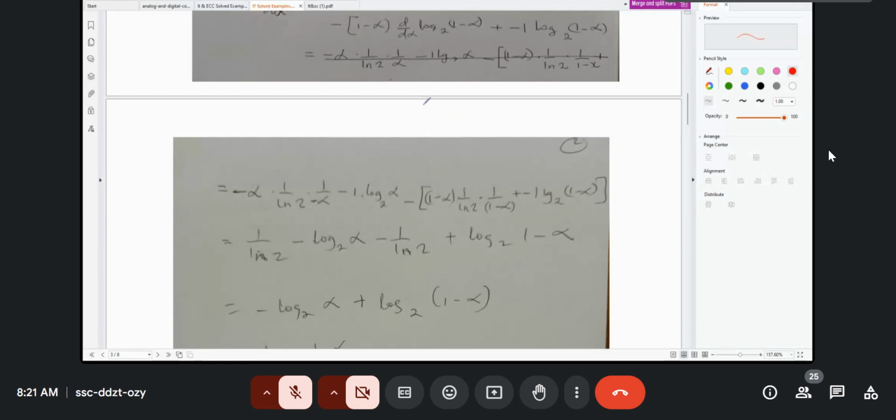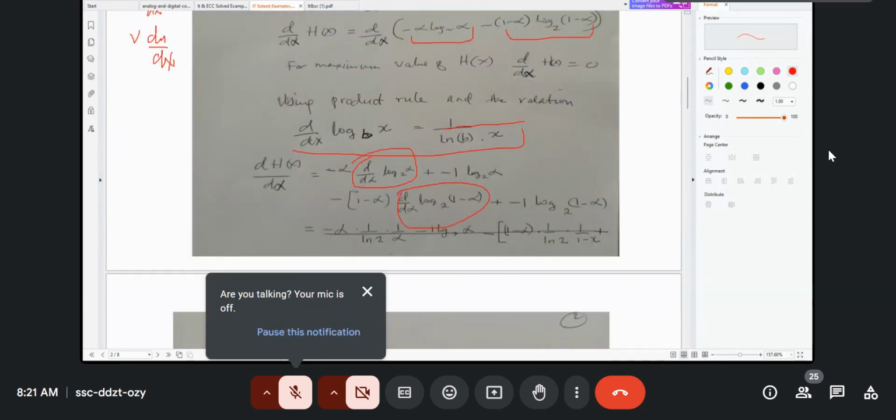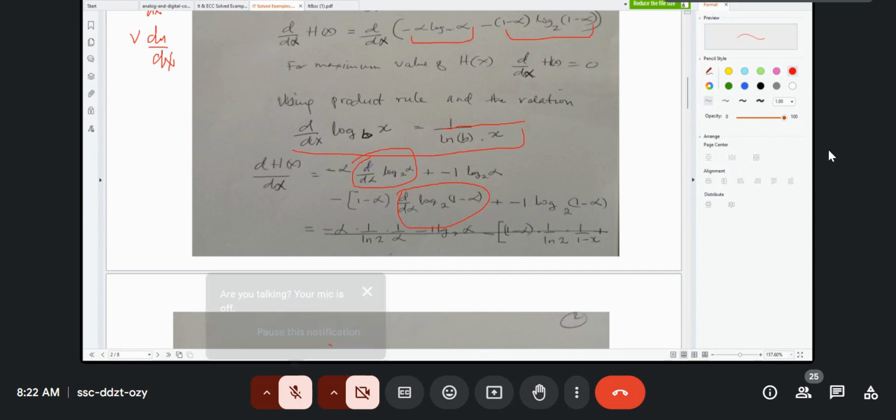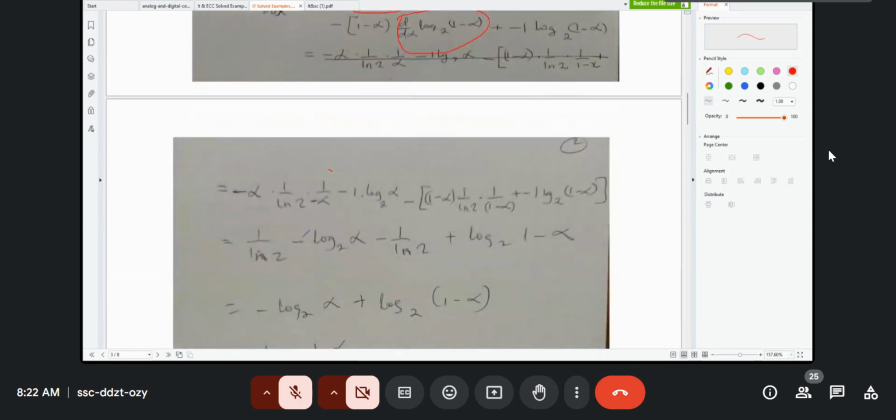So this becomes minus alpha, and then the d/d alpha becomes the earlier d/d alpha of log 2 alpha. This first one becomes this, and the second one becomes this.